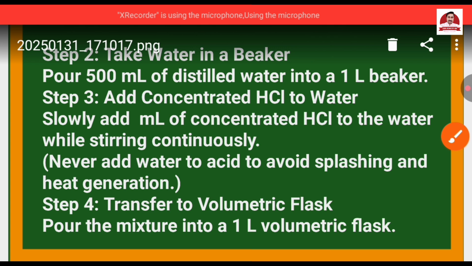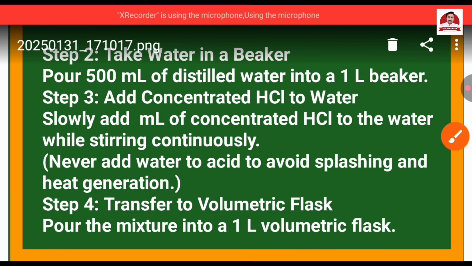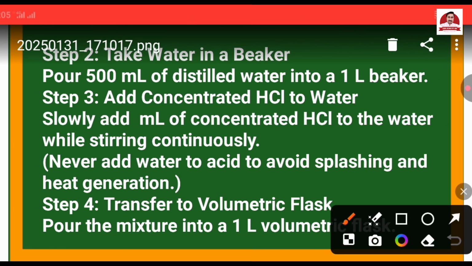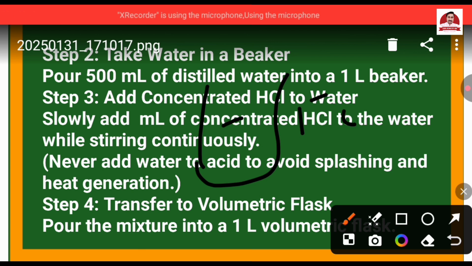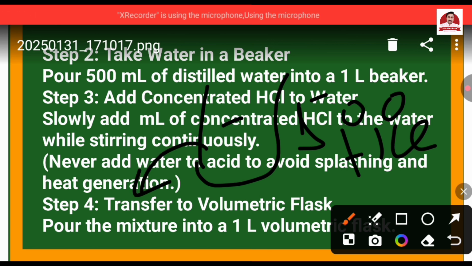Then in the next step we transfer this 500 milliliter of hydrochloric acid solution into the volumetric flask of 1 liter.